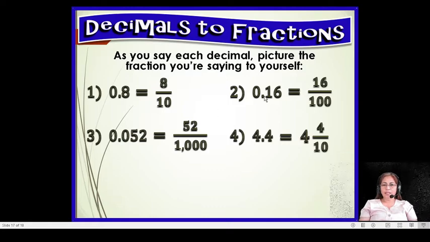In example number 2, we have 2 digits, a constant 1, and 2 zeros. In number 3, we have 3 digits. So write a constant 1 and 3 zeros. So here, a whole number 4. Then we have 1 digit after the decimal point. So write 1, 0. And that's the fraction from the decimal.